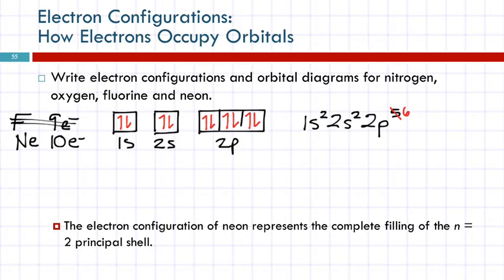So what we see here is that the electron configuration for neon represents completely filling the n equals 2 principal shell. So 2s2, 2p6, those are the 2 rooms on the second floor. They're both full. The first floor is full, the second floor is full.